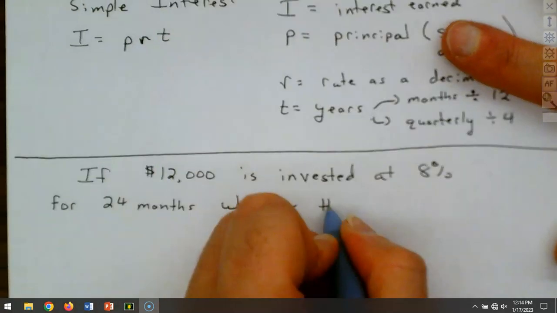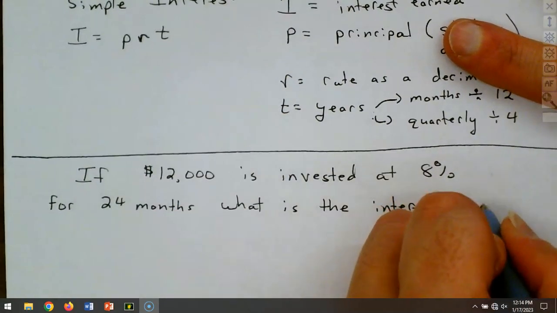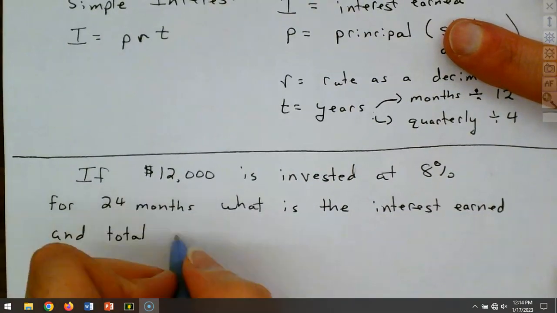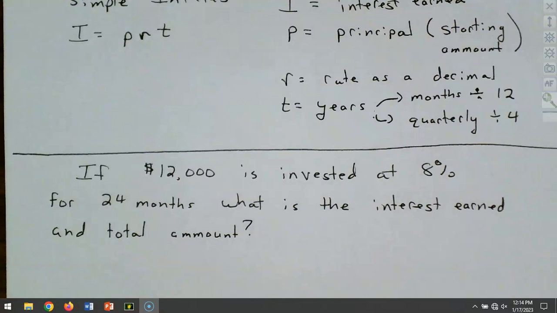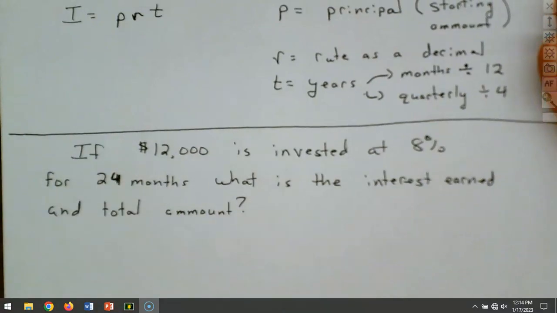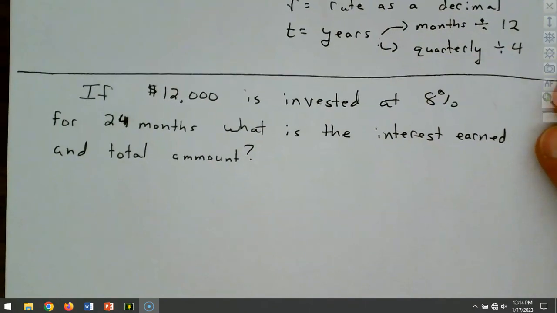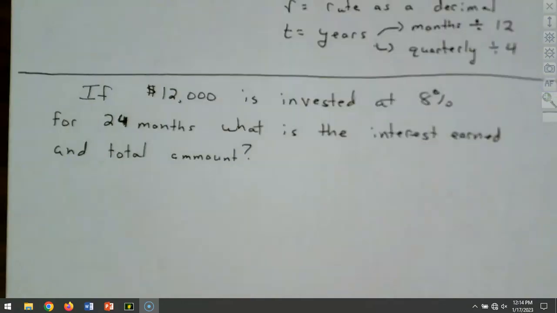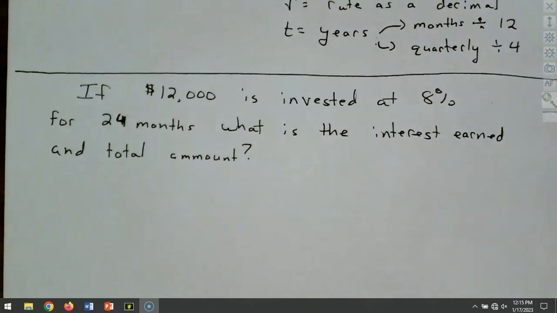What is the interest earned and total amount? And I made this one easy. We'll do one that's going to come out to be a whole number. We'll do one that still has a fraction left. But here's what we've got. $12,000 is invested at 8% for 24 months. What is the interest earned and the total amount at the end?